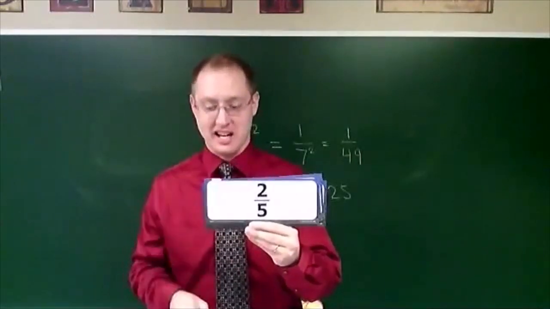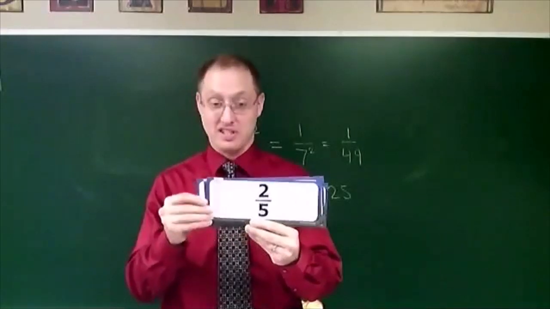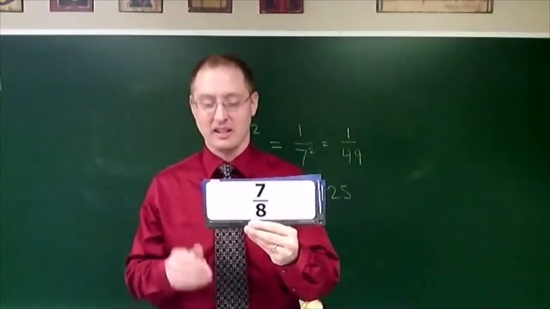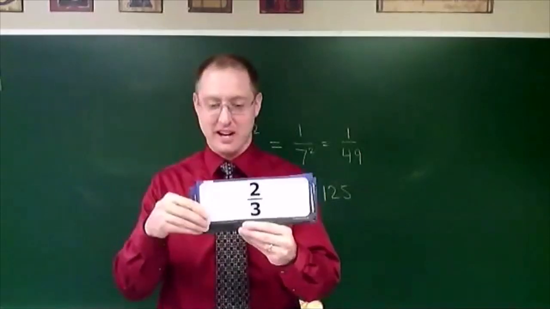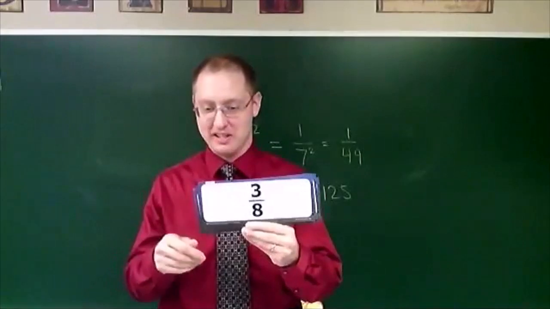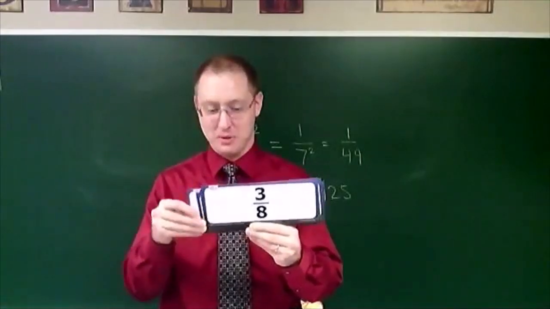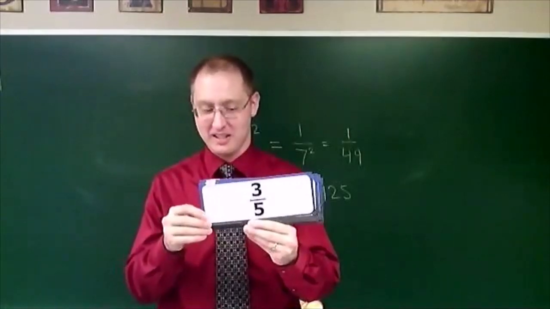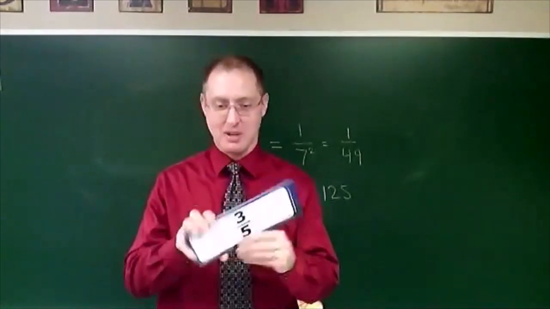Good. Just a hair ahead of you, Scott. 0.4. That was a tie. 0.875. Lana with the 0.875. 0.6 repeating, Joshua. 0.375. 0.5. 0.6. There we go. All right.